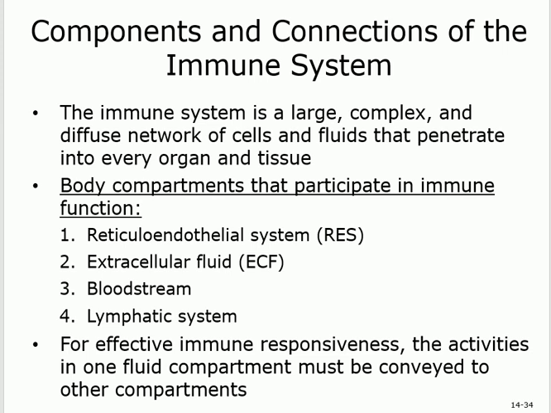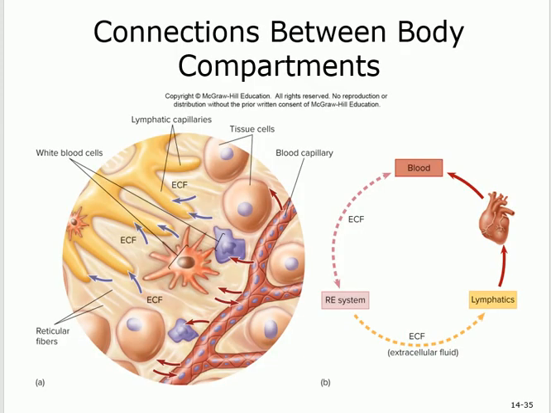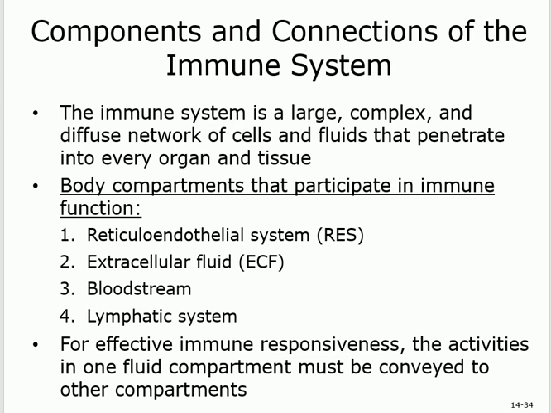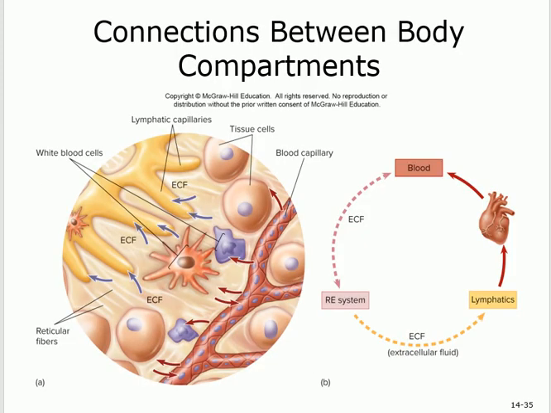You need to remember those 4: reticuloendothelial system, extracellular fluid, bloodstream, lymphatic system. And all of those are going to work together. If you look at this picture, it shows the bloodstream, the extracellular fluid, the lymphatic system, and the reticuloendothelial system. We will talk about it.